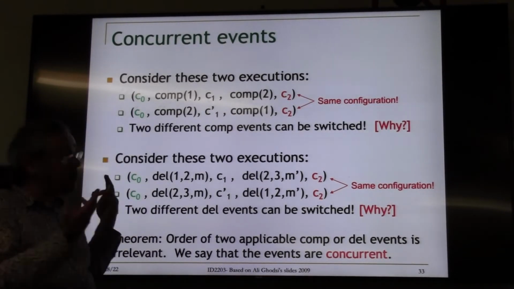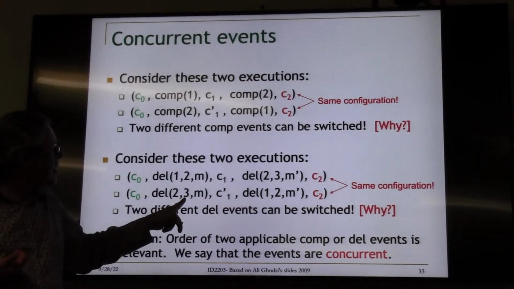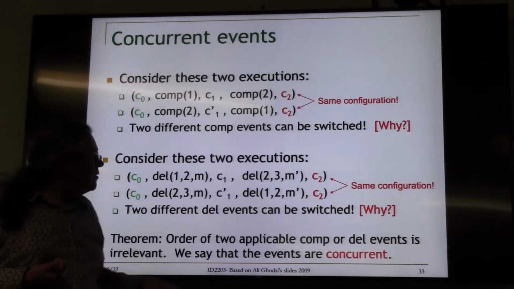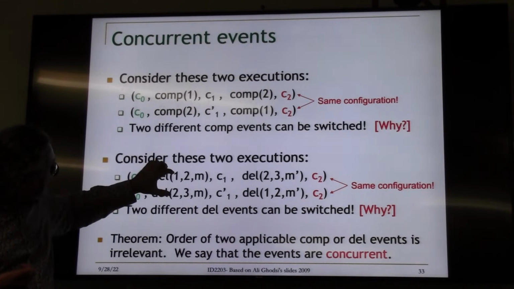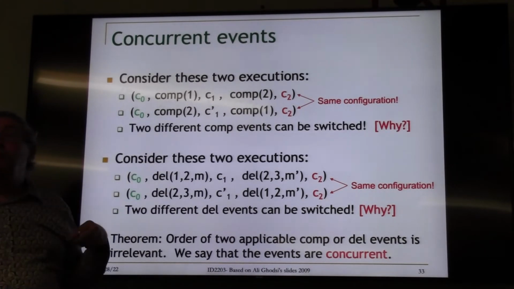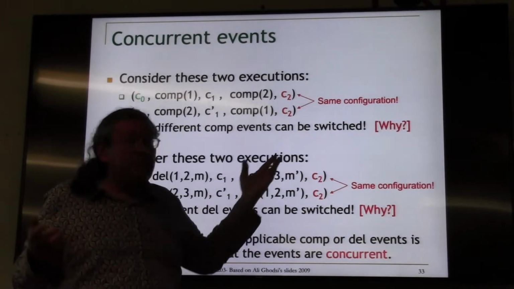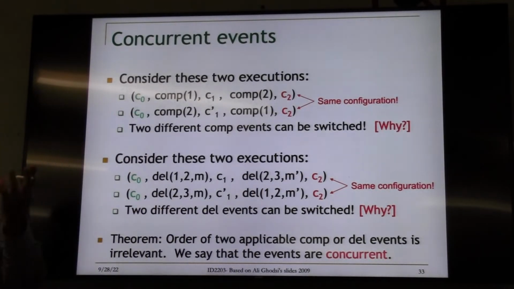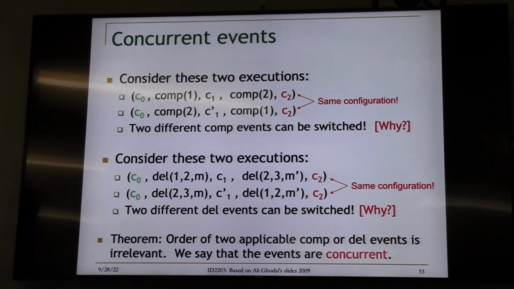Of course, it doesn't matter in which order you do them, right? If I first jump from 2 to 3, and then from 1 to 2, the final result is the same. The final result is that the two out buffs, 1 and 2, will be empty, and the two in buffs, 2 and 3, will have the messages in them, right? So these two deliveries are also commutative.